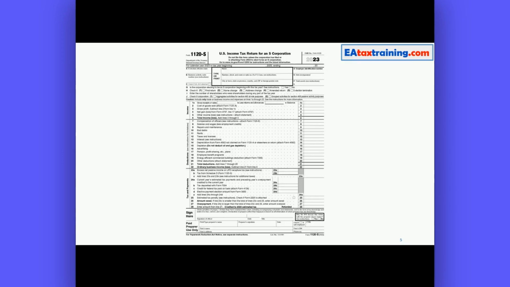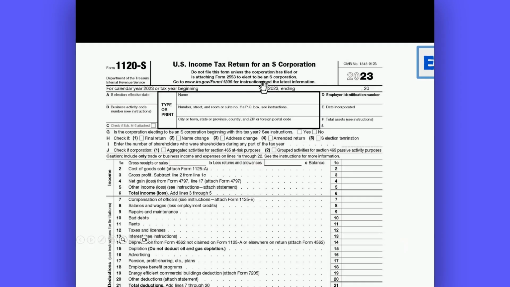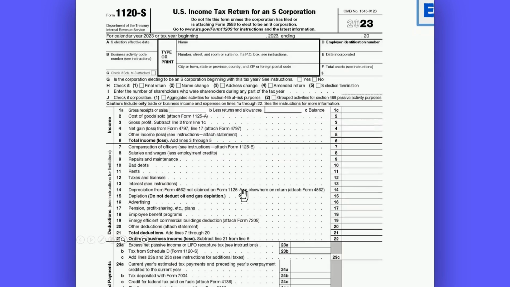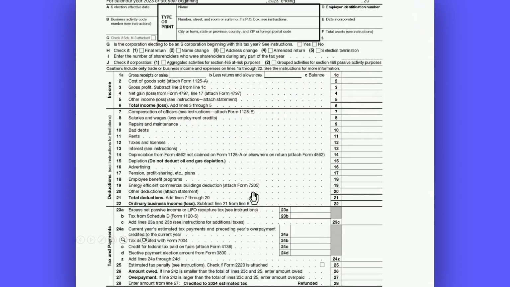Here is page 1 of Form 1120S. 1120S is the S Corp tax return. So we've got the normal things at the top that we usually see. And of course, then income is shown. Then you've got all of your expenses. And then that does lead to a section here where you can have some S Corp taxes.